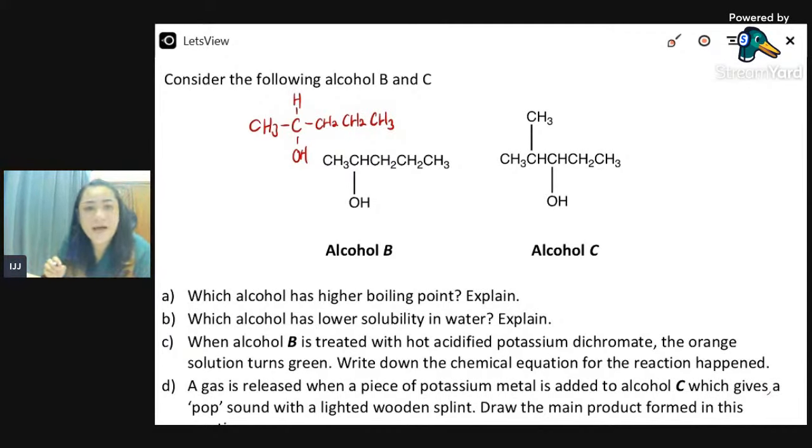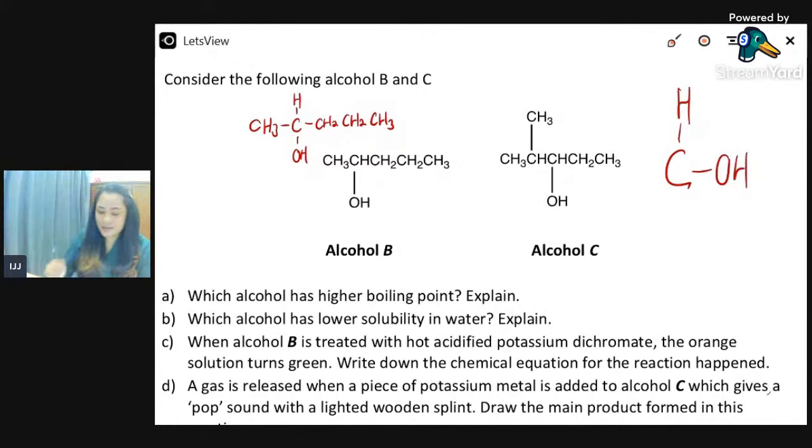You can see there is a methyl alcohol group here. A methyl alcohol group is when your carbon is bonded to hydrogen, to OH and to CH3. This is what we call a methyl alcohol group.